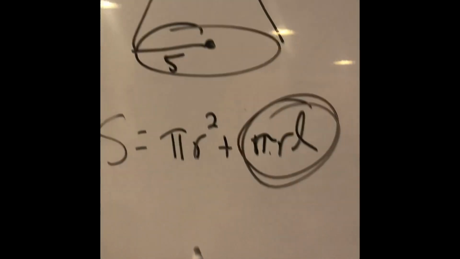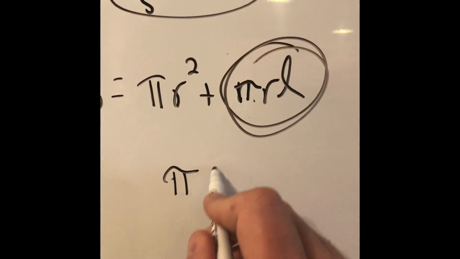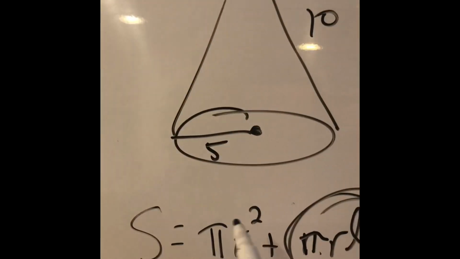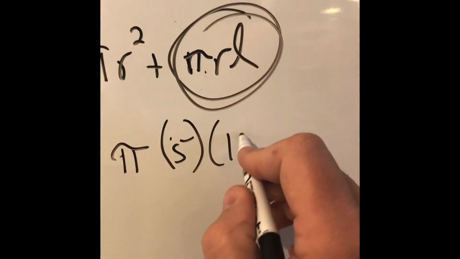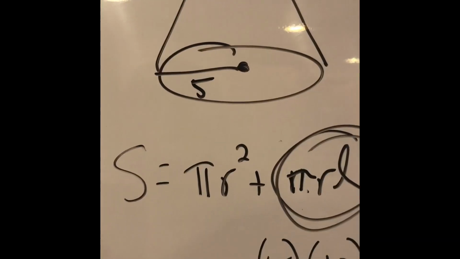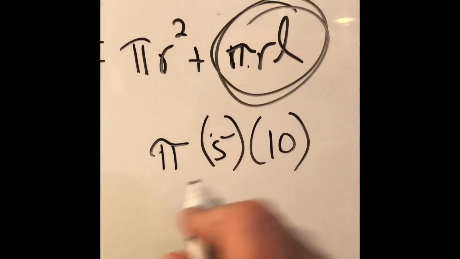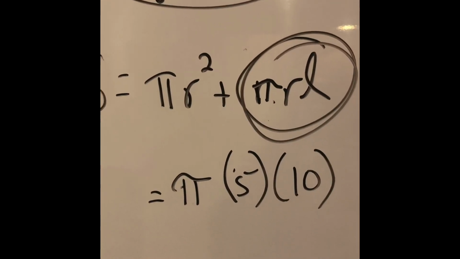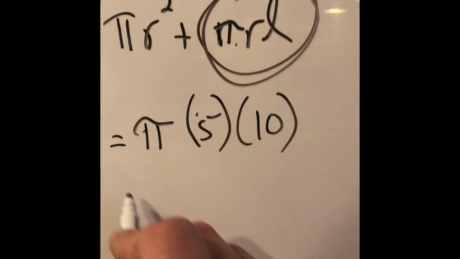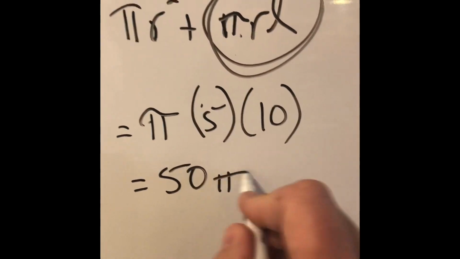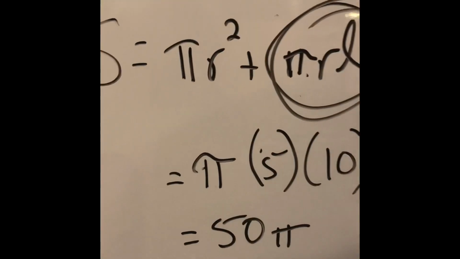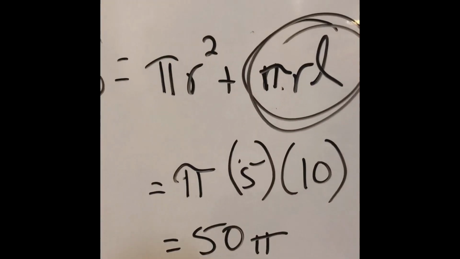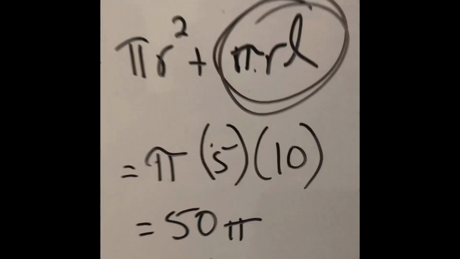So all we're going to do is put in pi times 5 for the radius times my slant height of 10. Remember from previous videos, save the pi for last. So this is 50 pi. I'm going to take 50 times 3.14, and that gives me 157.